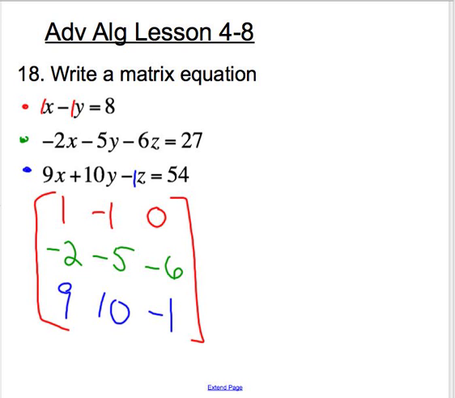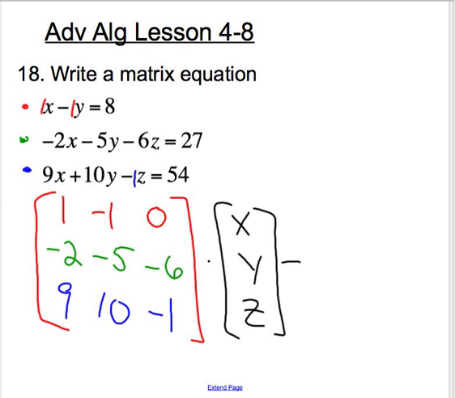If I were to take that coefficient matrix, that 3 by 3 matrix, I should be able to multiply it by the variable matrix, with all the letters in it, and get back to those 3 original equations. I take the 3 by 3 times the 3 by 1, I get my equations back.